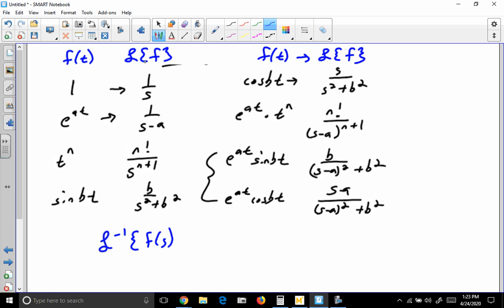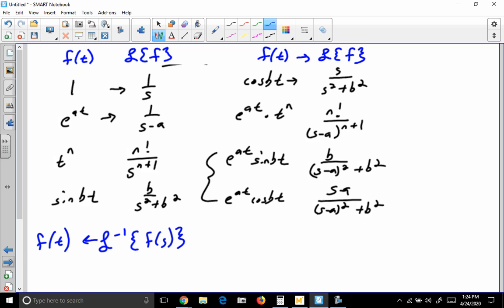So normally we transform little f into big F is often the notation we use. So in this case, we're transforming from the big F of s back into little f of t. So we just use the inverse notation, and we're just going from the right side to the left side.